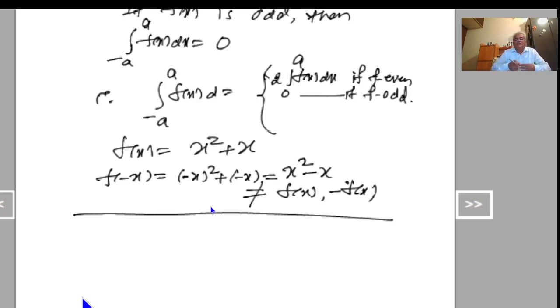Suppose the function is an even function or odd function, and it is defined in the interval minus pi to plus pi.